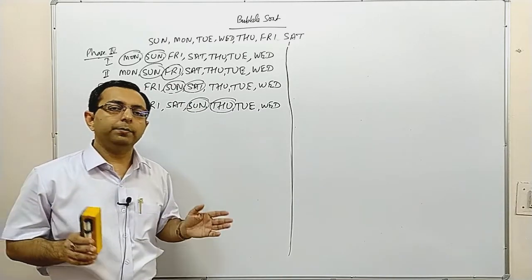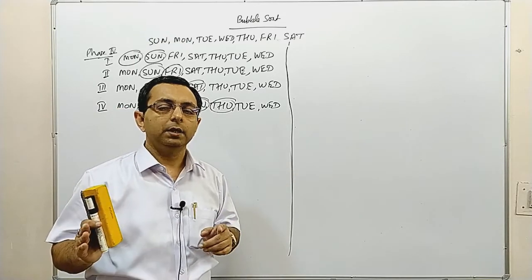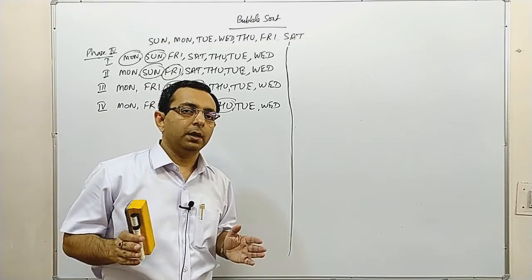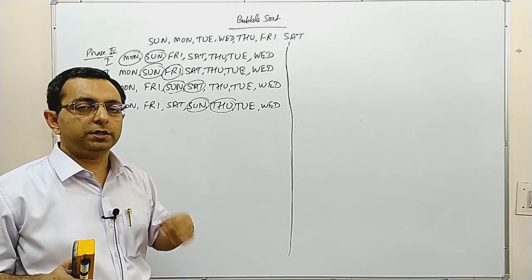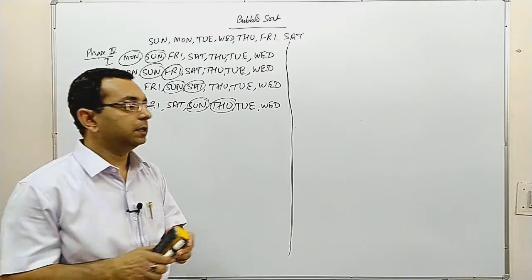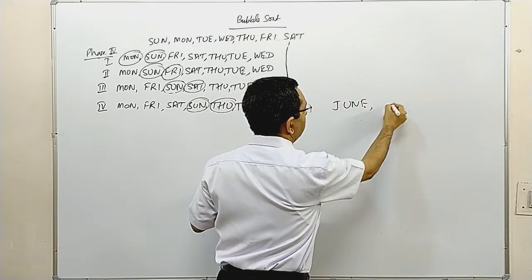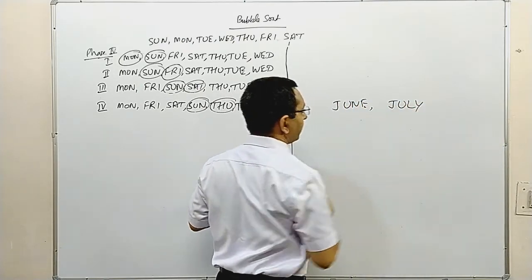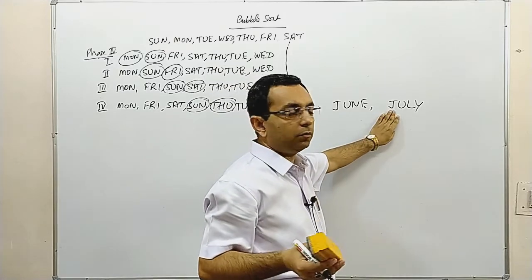No, you should compare J with F and then F with M. So it should be in such a way. Like June and July, again J and J are the same. So in JU and JU, the second element is also the same. When you are comparing J with J, it will be equal.